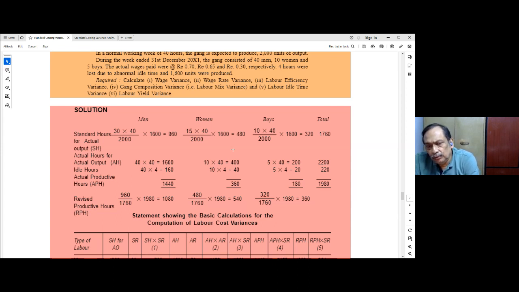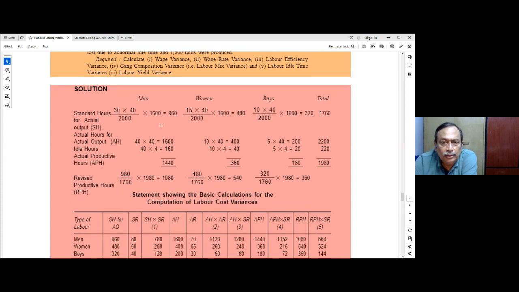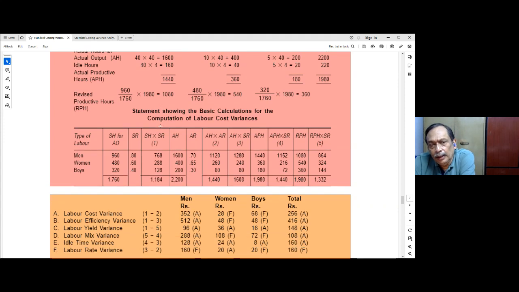Remember, I have already told you at the starting of the class that if there is any idle time, then we are required to make two more columns to calculate the various labor variances. So that's why we are writing a statement showing the basic calculations for the computation of labor cost variances.